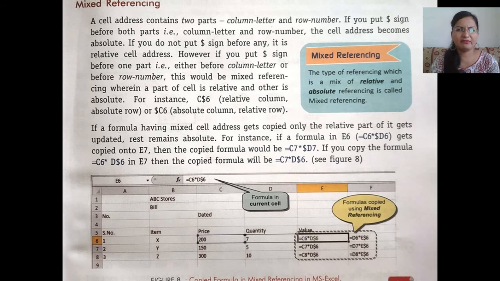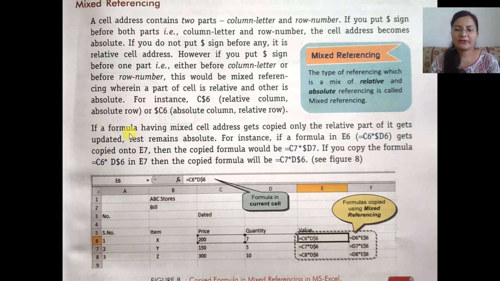Means any one will have the dollar symbol. If both have a dollar symbol, that means it is absolute. If there is no dollar symbol, that means relative. If there is a dollar symbol in either the row or the column, then it is mixed referencing. Wherever there is a dollar symbol, that value will be fixed and the other values will change.